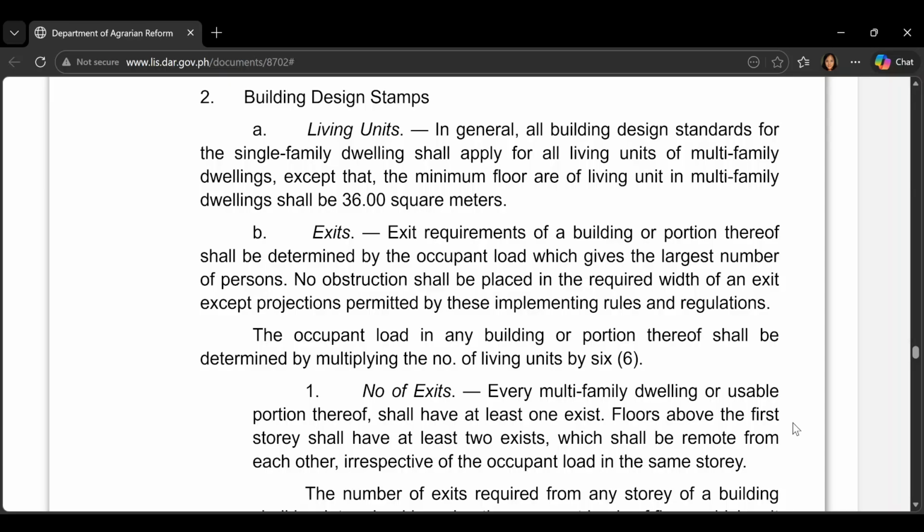Every multifamily dwelling or usable portion thereof shall have at least one exit. Floors above the first story shall have at least two exits, which shall be remote from each other, irrespective of the occupant's load in the same story.